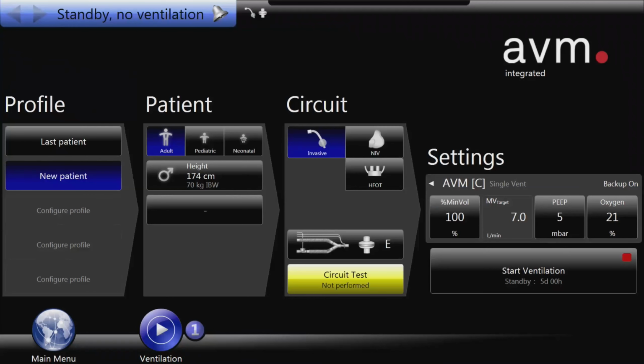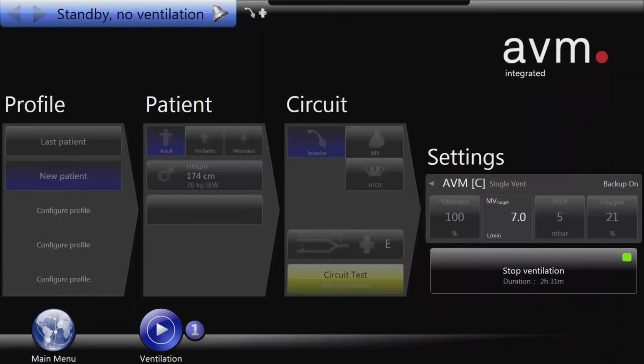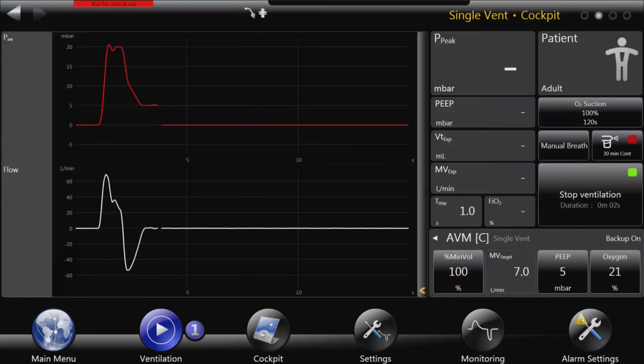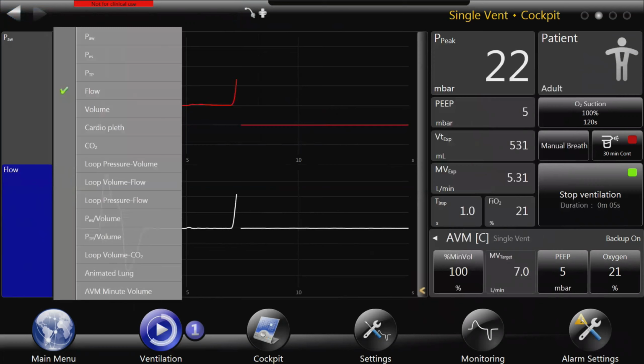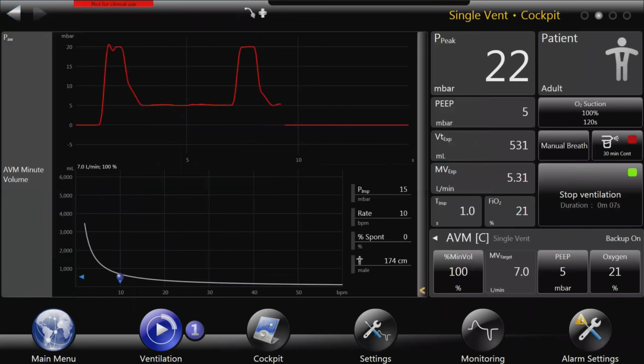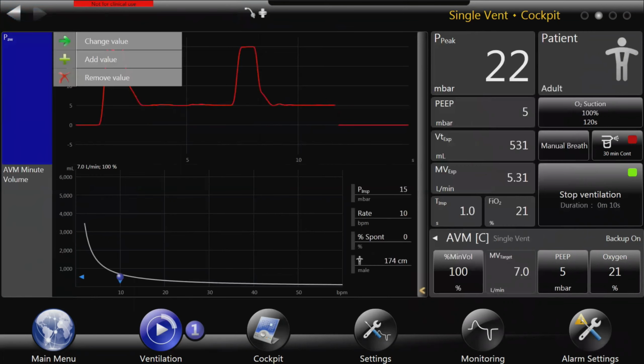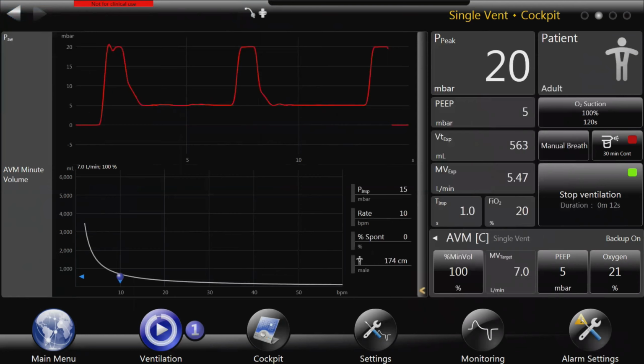You see now the ventilator here, and I will just start the ventilation. I will change this to the AVM minute volume graph. And what we see now are the first 3 breaths to measure out.